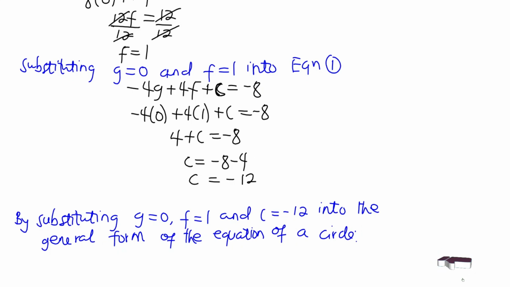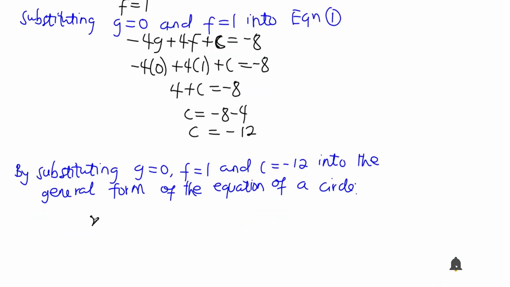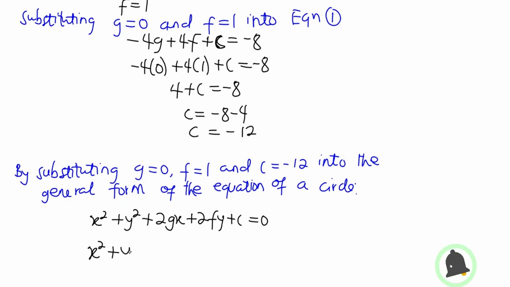We said it is the same thing as x squared plus y squared plus 2gx plus 2fy plus c, which is equal to 0. So once we have g, f, and c, then we do the necessary substitution. So we maintain our x squared plus our y squared plus 2.